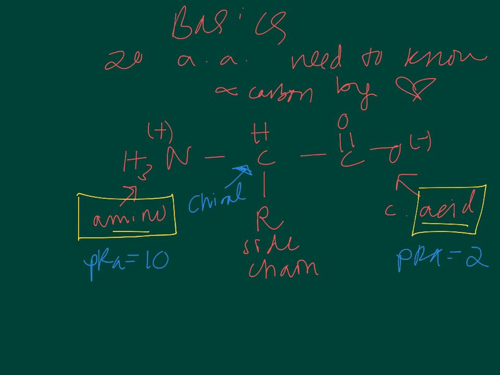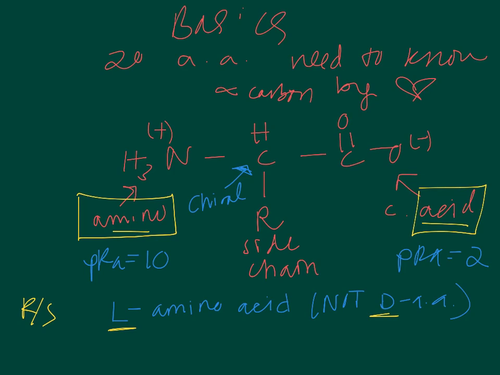The other thing that might come up on your MCATs, PCATs, whatever kinds of exams you might take, is the fact that these amino acids are all L amino acids, not D amino acids. So L and D, these are prefixes that are similar to the R and S system for assigning priorities for chiral centers.